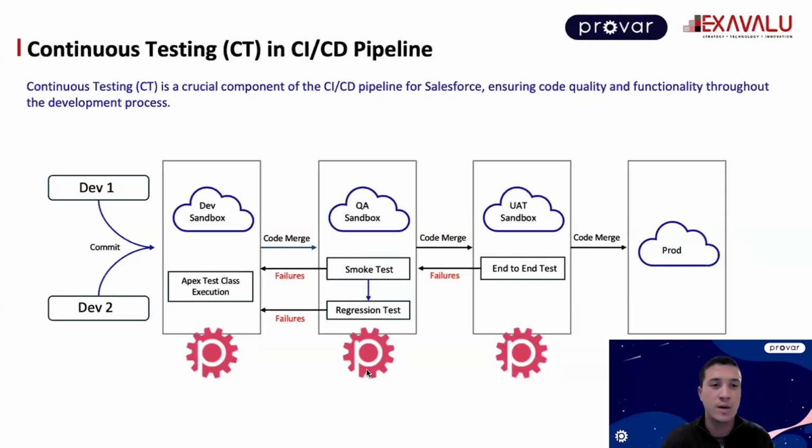Last I checked, it was about 30 times the cost when it reaches production. So the overall game here is to make sure that you have those tests running regularly, whether in Provar we can trigger the Apex unit tests with Provar Manager, or we can develop smaller smoke sanity tests that you can run in your QA sandbox.